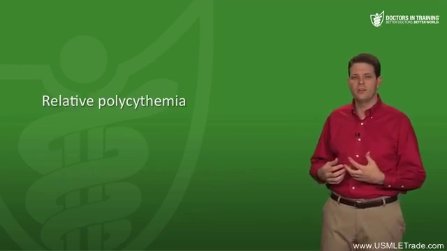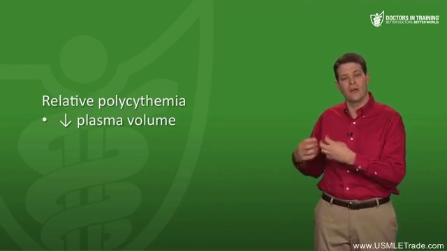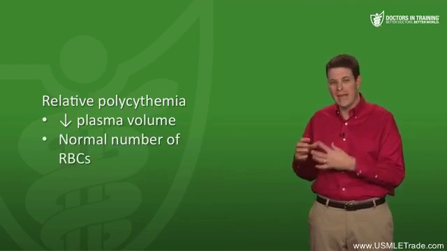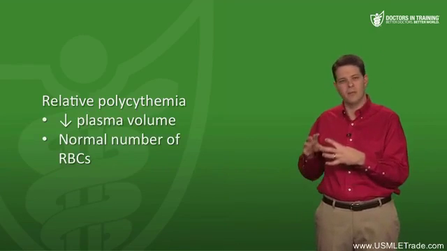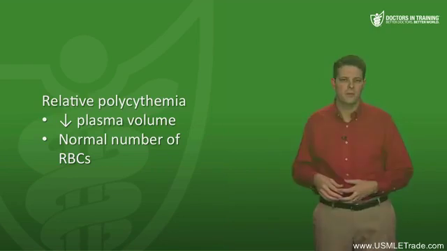So one way to think about all these causes of erythrocytosis is to think about whether this is a relative polycythemia or an absolute polycythemia. So relative polycythemia just means that the plasma volume is reduced so that the red cell count is increased relative to the plasma volume. So the absolute number of red cells is normal, but the plasma volume is contracted, so you have more red cells per unit of blood volume.